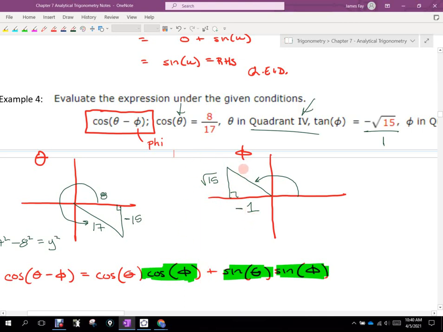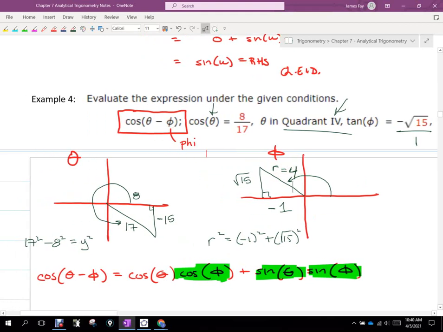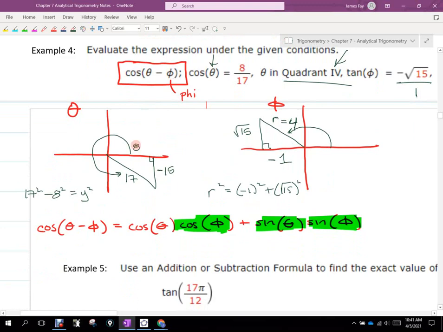And now if I want to find this r value for my radius, r squared will equal negative 1 squared plus root 15 squared, which equals 16, right? So what's r going to be? R is going to be 4. Now, we have those two things set up. We should be able to make some substitutions.